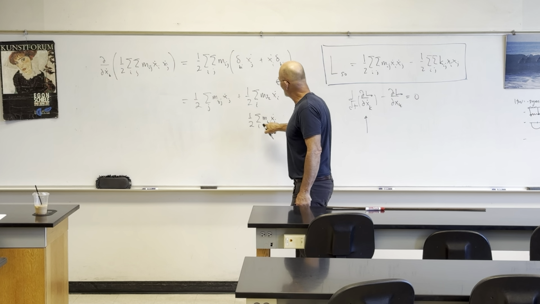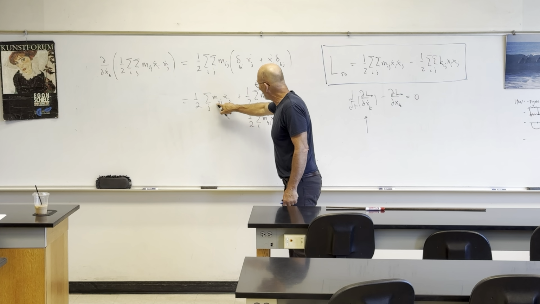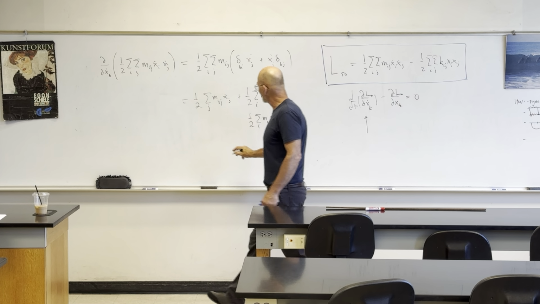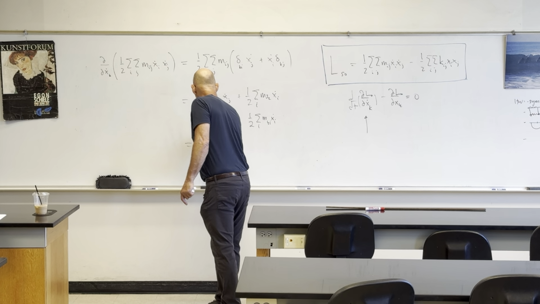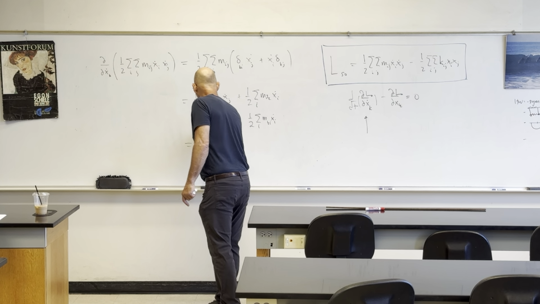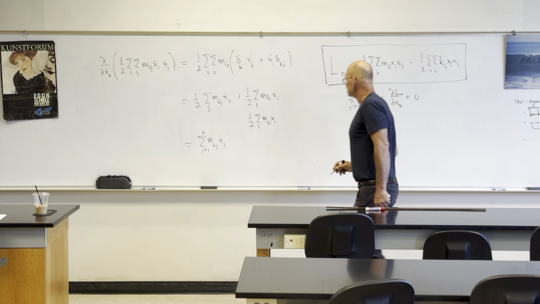So both of these are labeled with a k, and both of the sums are the same. So 1/2 is 1, 1/2 is 1. Then I have mkj xj dot, j equals 1 to n.